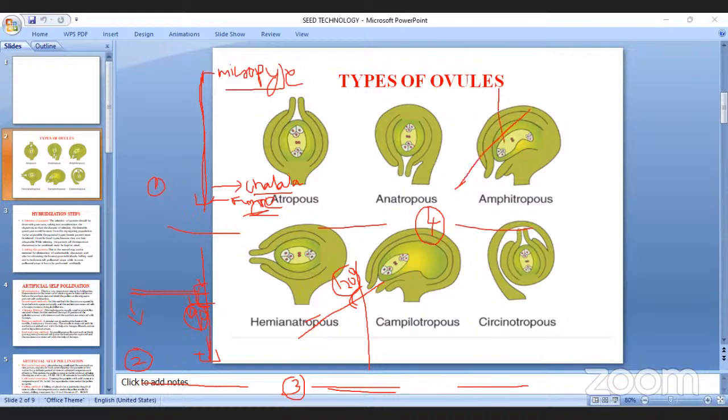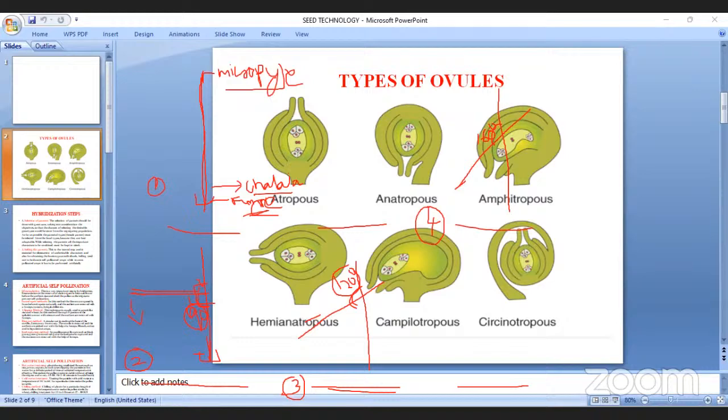And the angle also increased. Almost the micropyle and funicle are somewhat close here. Now this is 160 degrees, which means more curvature is happening here. So this type is called amphitropous ovule. Example, lemna and poppy.